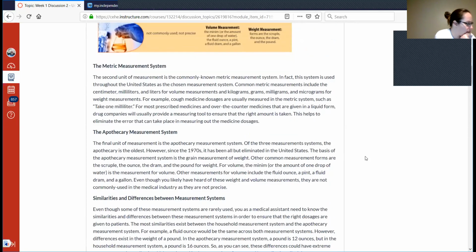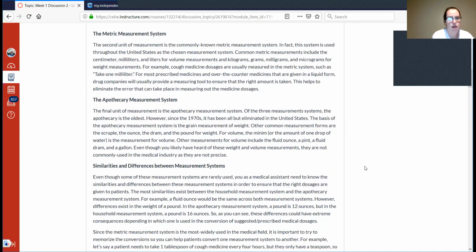Finally, we have something called the apothecary system. The apothecary system has been around basically since ancient Greece in one form or another, but it really was fully developed during the Middle Ages and used its own systems of measurement. Where the metric system uses the gram as the base unit of mass or weight, the apothecary system uses something called a grain.